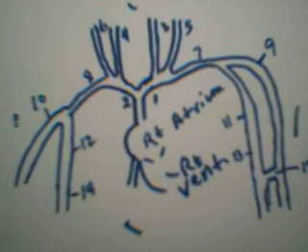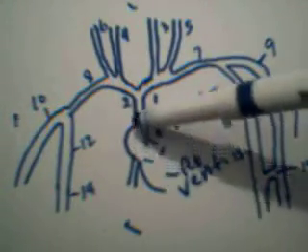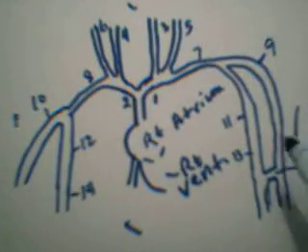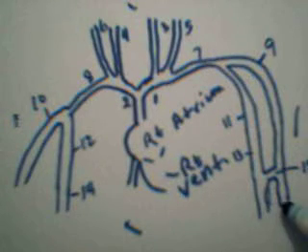So you can think of this analogous to a map that you're drawing to show directions from your house. So from the right atrium, you take a route going to your final destination, which is going to be in the left upper limb, in the antebrachium of the left upper limb.